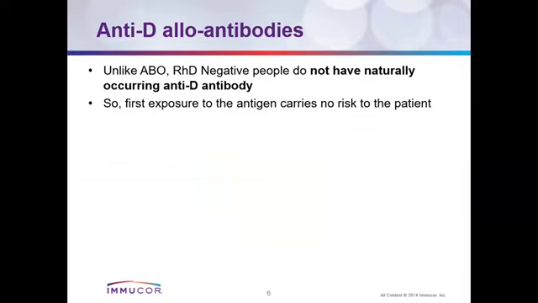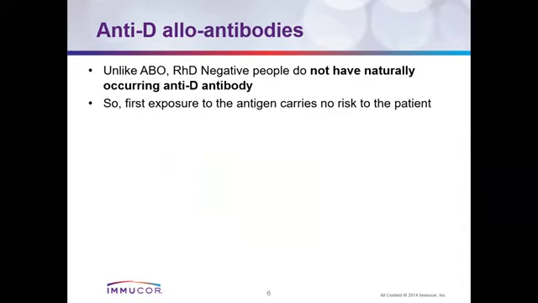So the first exposure is very important because it will introduce the antigen into them. And the first time you give, it will not really be risky because you are just initiating the sensitization of the red cells in these patients. So everything will look normal.